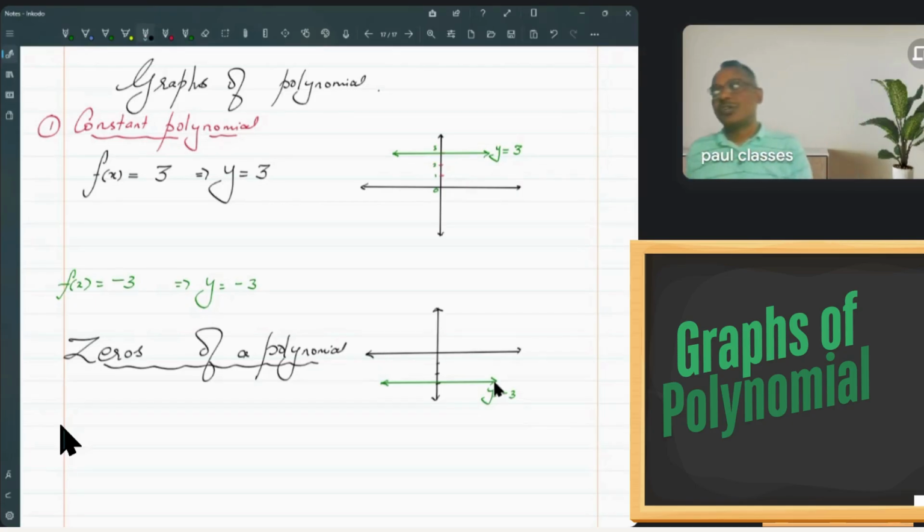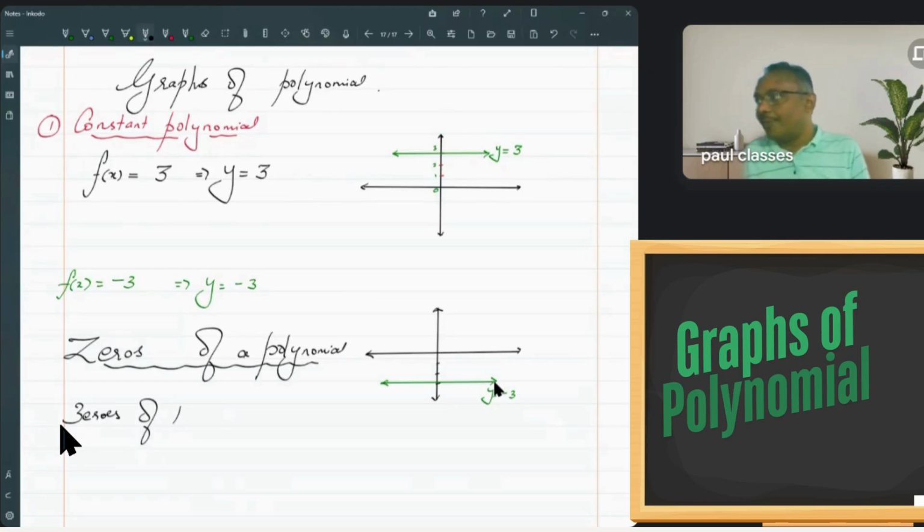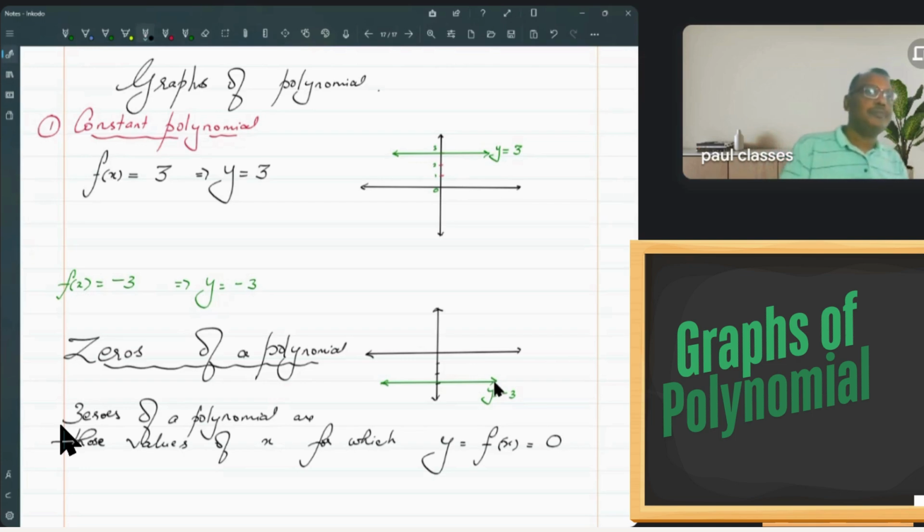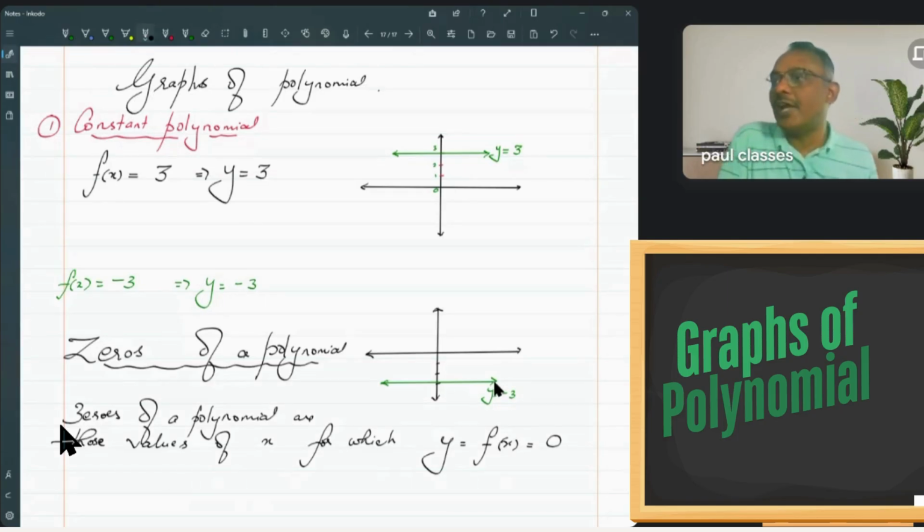Beta, zeros of a polynomial are those values of x for which y या तो f(x) or that polynomial becomes 0. ठीक है, are those values of which x for which this polynomial becomes 0.